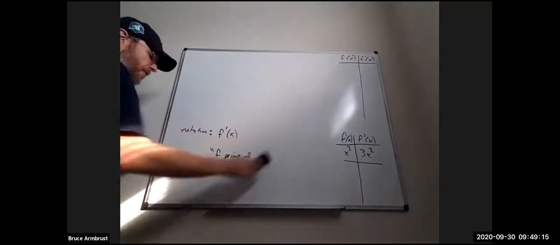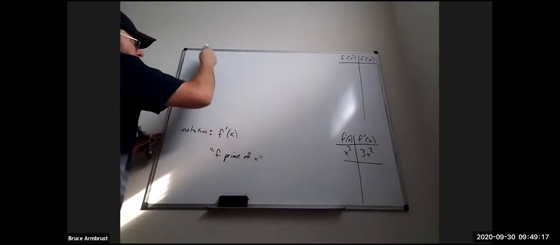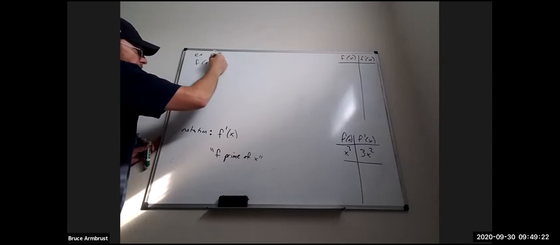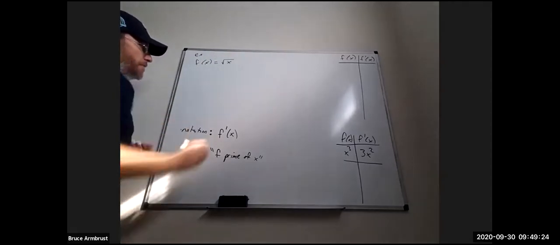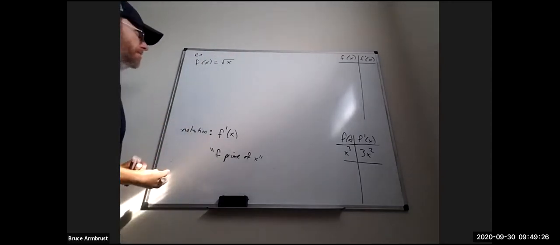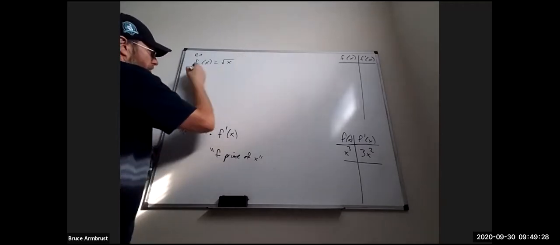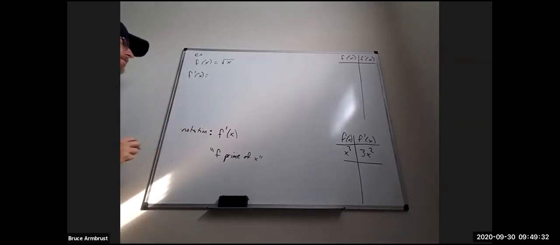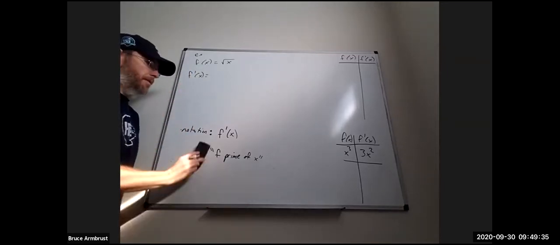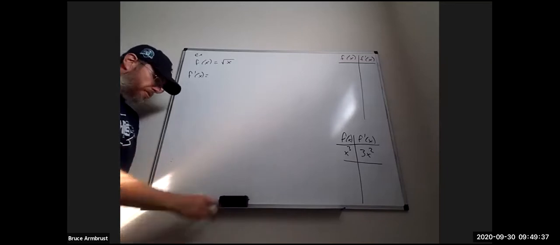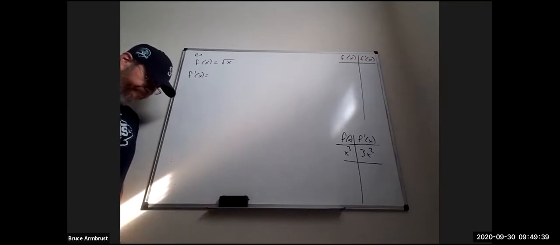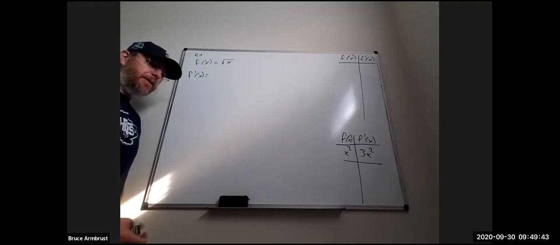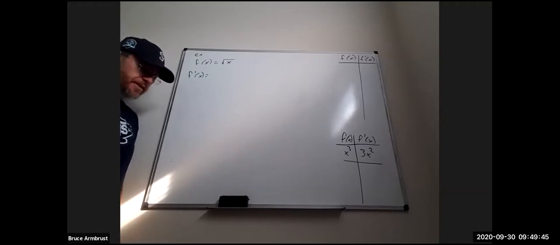All right, so let's try this for another function. Let's try f of x equals the square root of x. So we're going to try to find f prime. What we're going to do is use the limit, just like we did before. And again, instead of plugging in a c, we're just going to leave it as x.